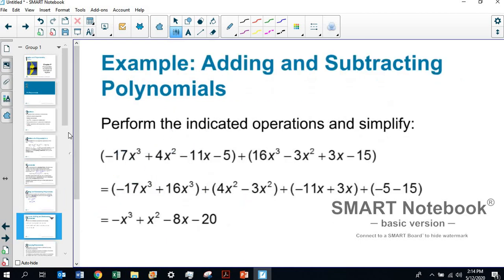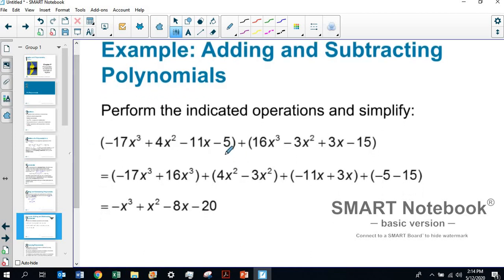So if you want to add these polynomials together, you'll notice that we're going to take the x cubes and put them together, negative 16x cubed plus 16x cubed. All right, we're going to take the x squareds, put them together, 4x squared plus negative 3x squared, which is subtracting.